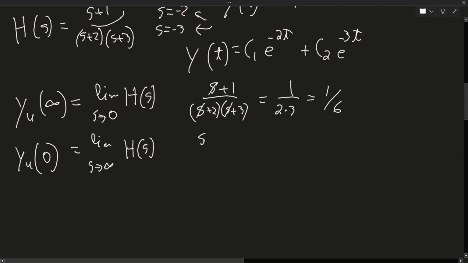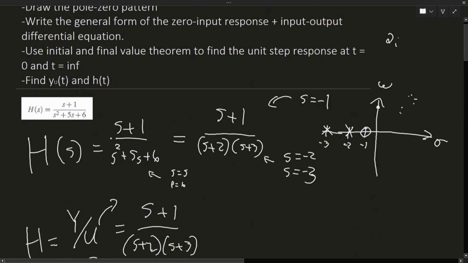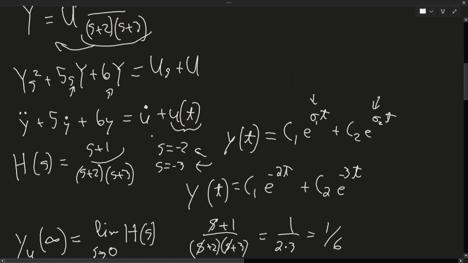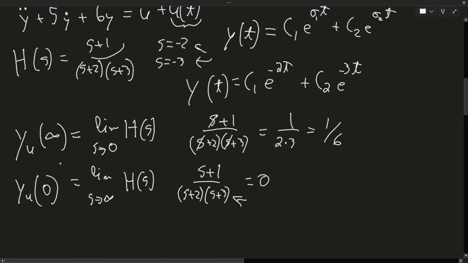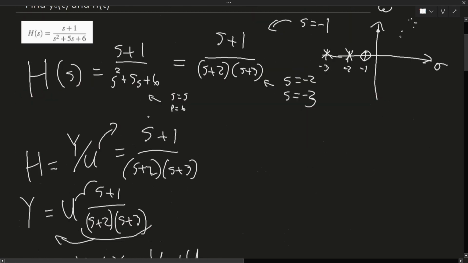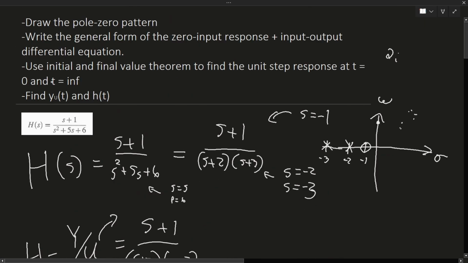Over here, s plus 1 over s plus 2, s plus 3: the limit of this as s approaches infinity is equal to 0 because the denominator has a higher power than the numerator. That is the final and initial value theorem. If you have this in your exam, you really have to get 100. It's literally 3 points. If you don't do it, you're actually cooked.